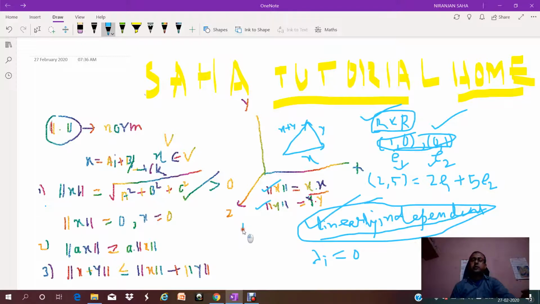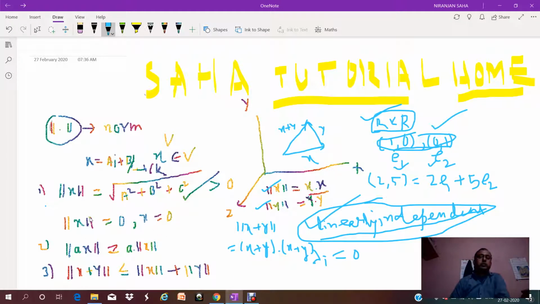The norm of x plus y will be just the addition of the two vectors, dot the addition of the same two vectors, x plus y, x plus y.